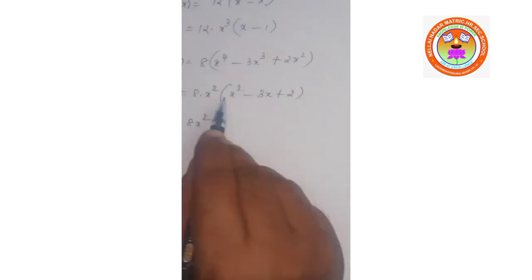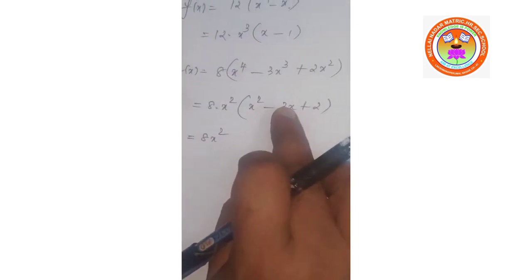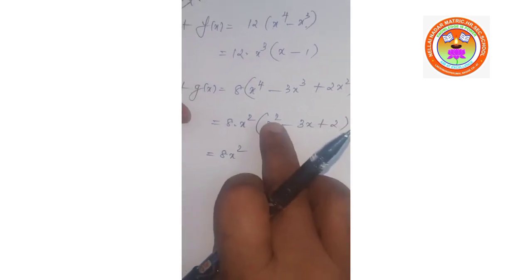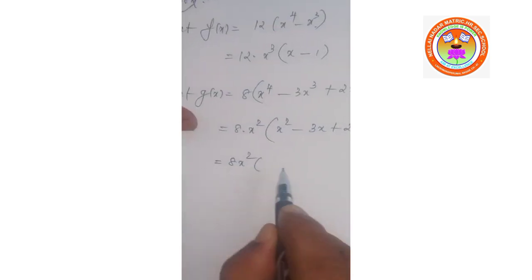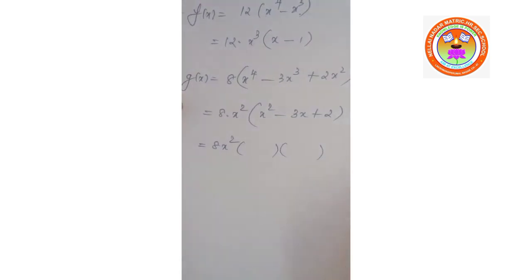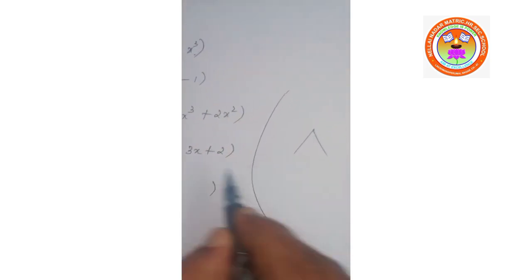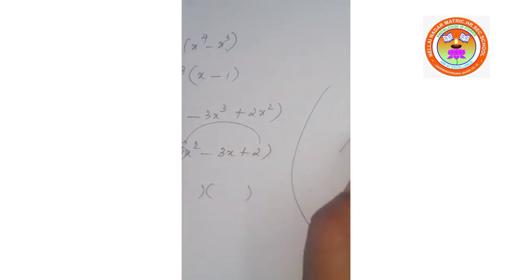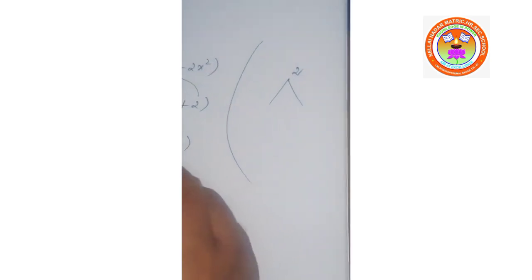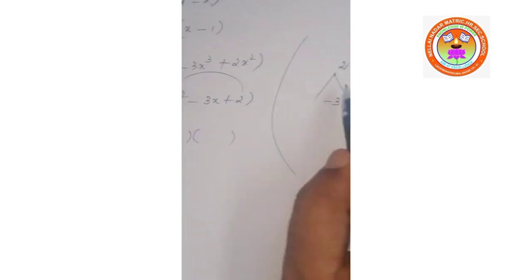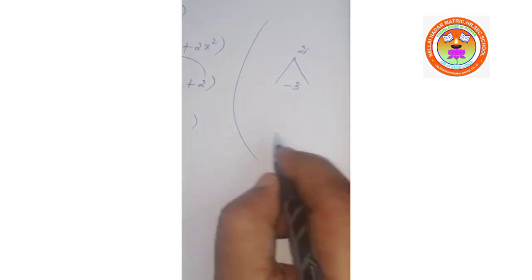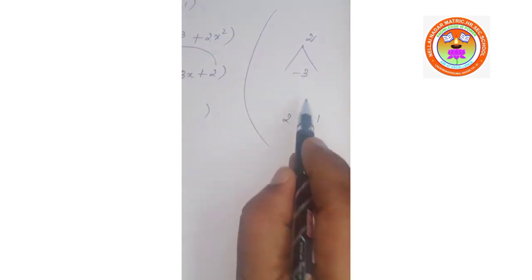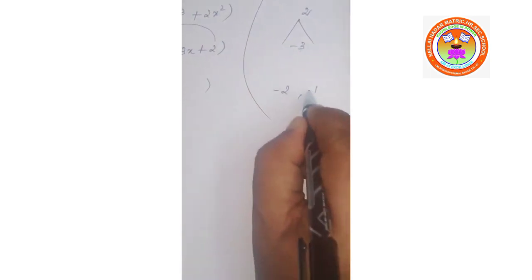Here, if it is possible, you can factorize the quadratic polynomial. This is a quadratic polynomial, correct? Because the degree of the polynomial is 2. How to factorize? You know very well. The coefficient of x squared is 1. 1 into the constant 2, 1 into 2 equals 2. The coefficient of x is minus 3. Product 2, sum minus 3, the two numbers are 2 and 1. 2 into 1 is 2. For getting minus 3, we have to introduce minus for both the numbers.